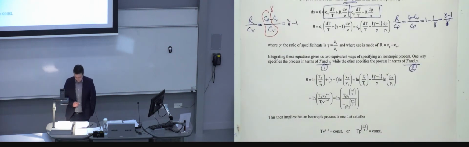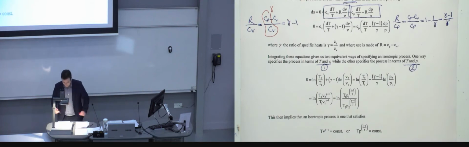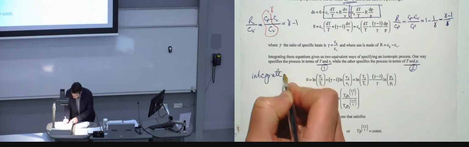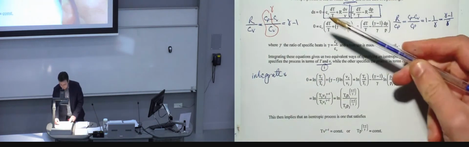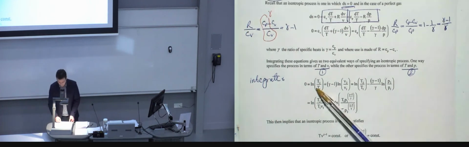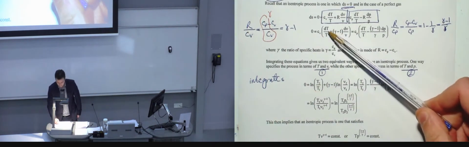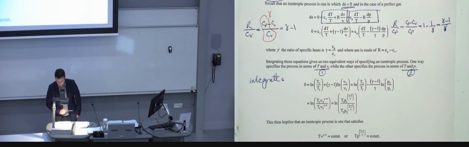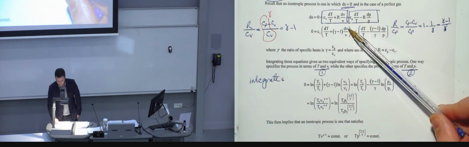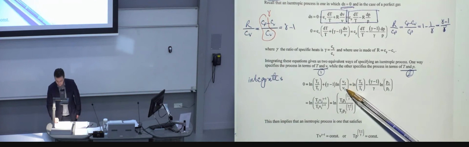So if I integrate these equations here, that's what I'm going to end up with. dT over T would be ln T2 over T1, then I've got gamma minus 1, then dv over v would be ln v2 over v1.